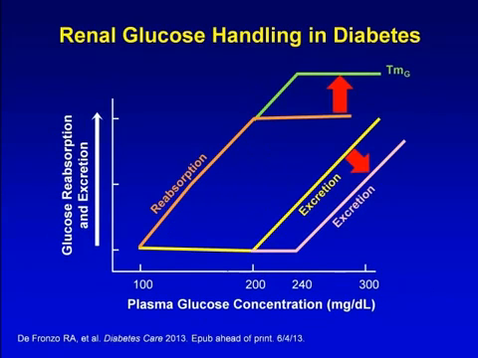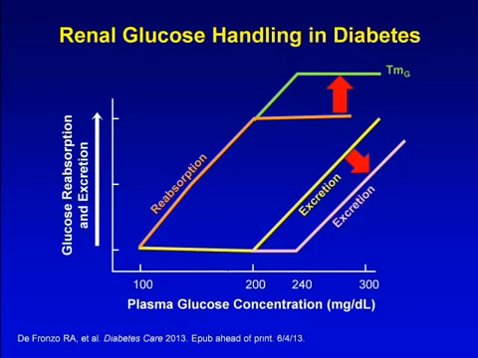Now, in a person with diabetes, this dynamic is actually changed for the worse, in the sense that the plasma glucose concentration that is needed to begin excretion of glucose is increased to about 240. And the reabsorption capacity is also increased.